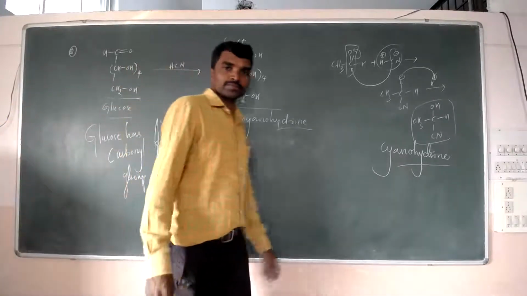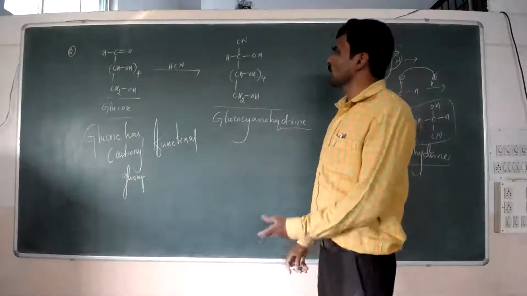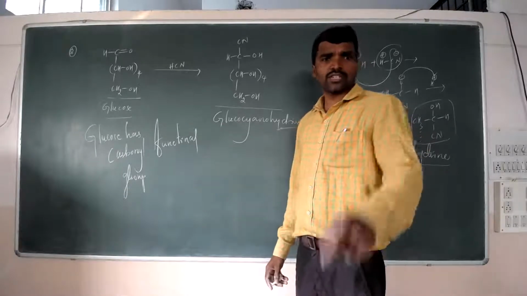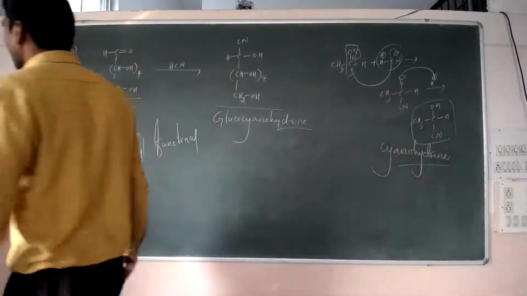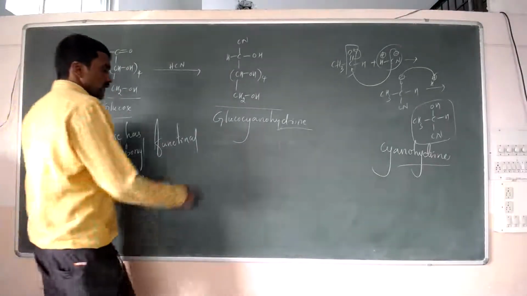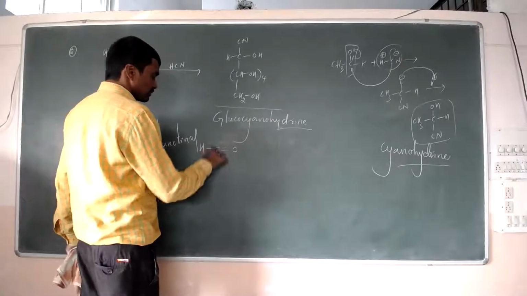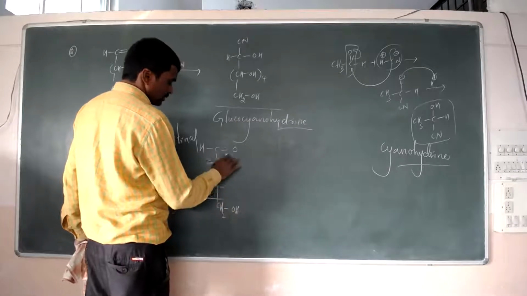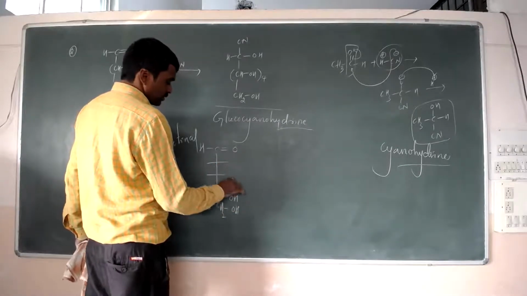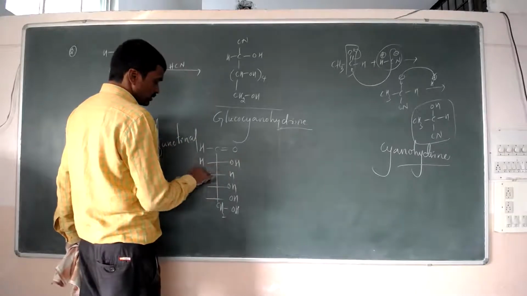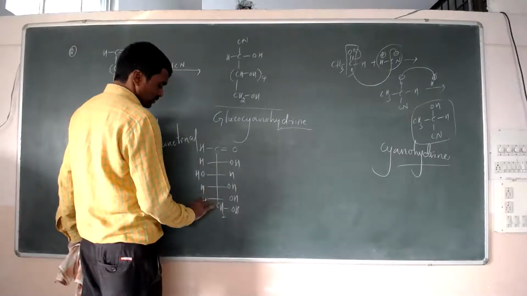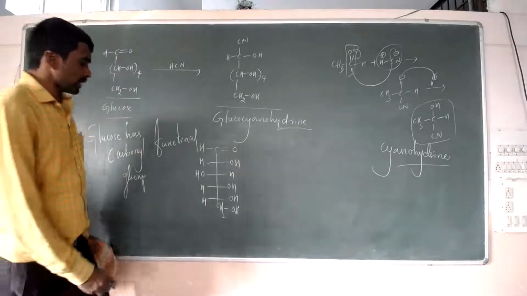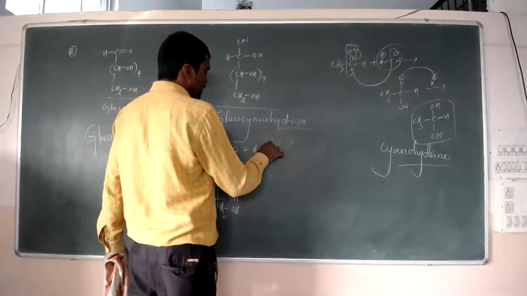Yes sir, I am unable to believe. Can you show any other reaction for glucose having a carbonyl functional group? Yes, there is. The same glucose, now see here, this is also glucose, which reacts with H2NOH.